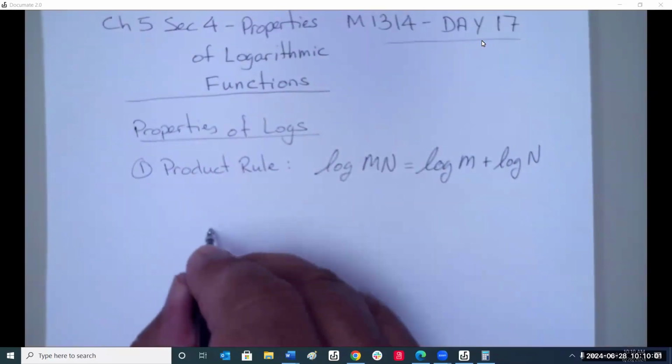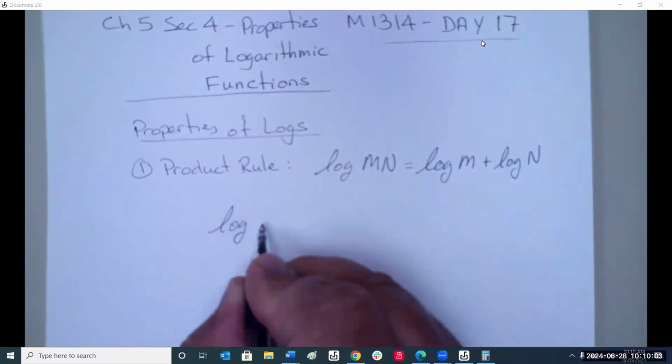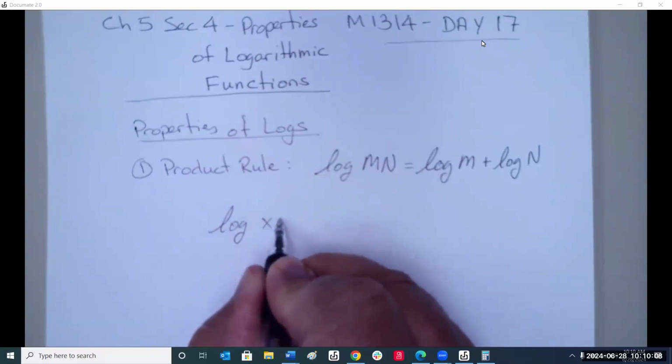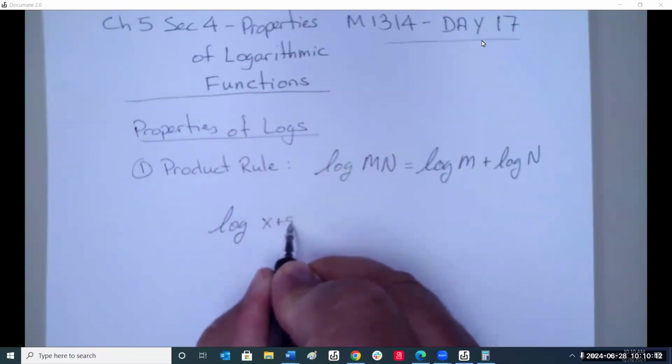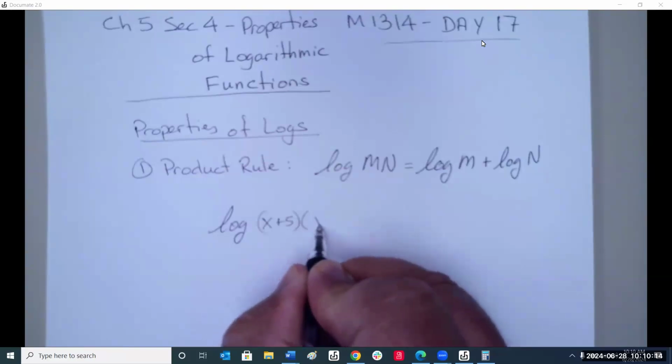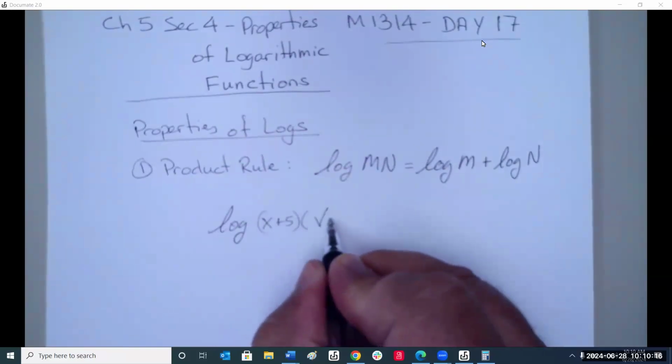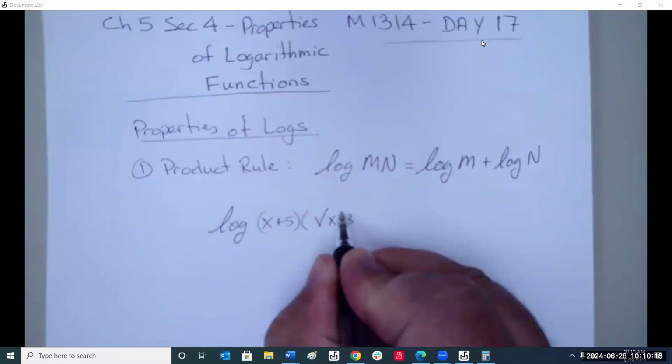So here's an example. Log of x plus 5 times the square root of x plus 3.